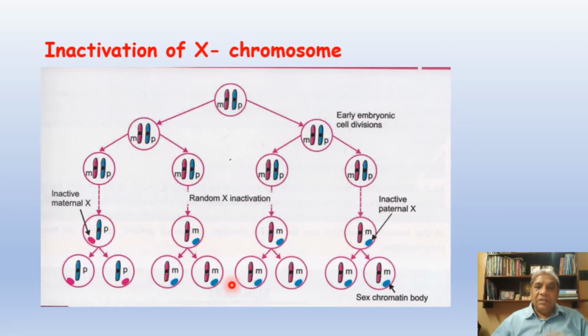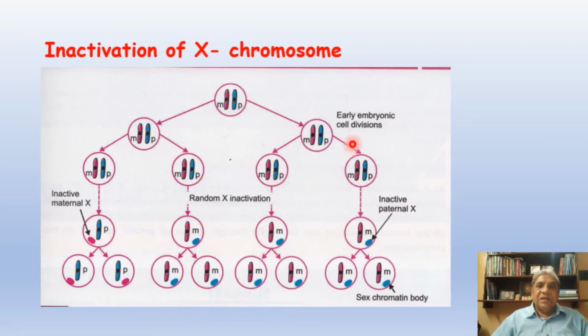So in all subsequent cell divisions, there will be millions of cell divisions, because from embryo to adult body formation, somatic cell division keeps on going. So in this way, one of the X chromosomes, either maternal or paternal, randomly gets inactivated, okay.